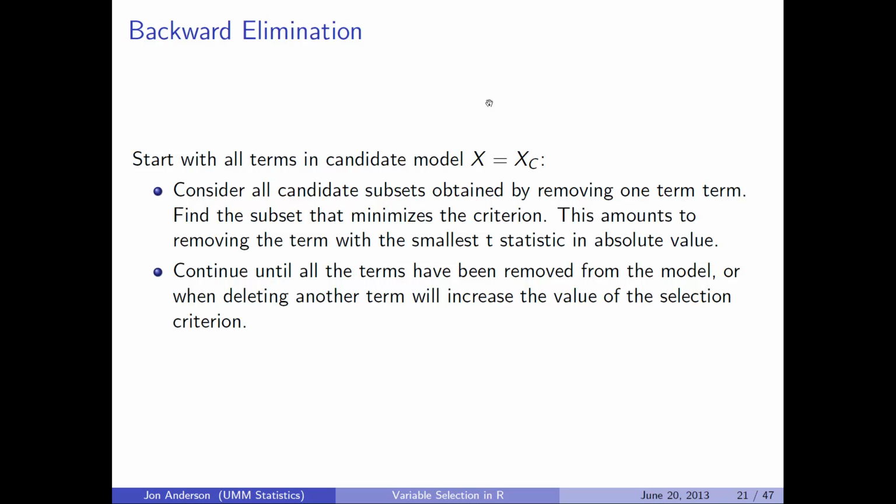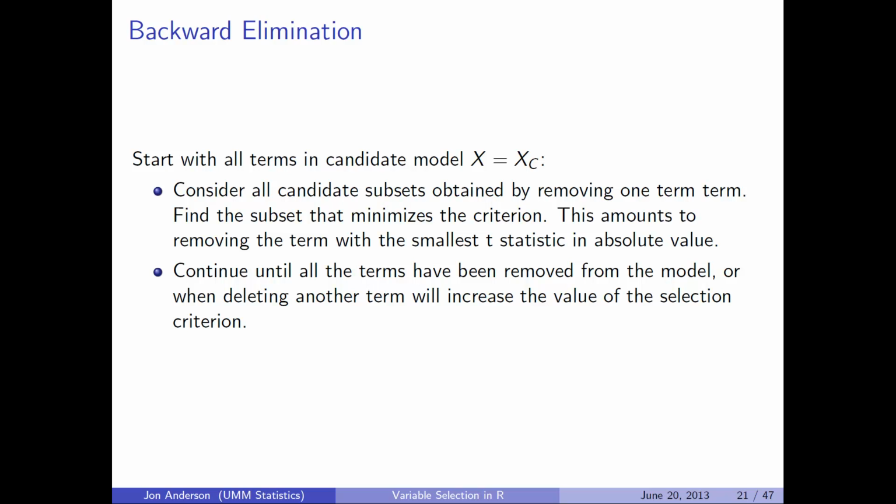Another option is called backward elimination. And in this case, we start with everything in the model. Our candidate set is the entire predictor set. So this means we're going to start with every predictor we have, active and inactive predictors, and let's consider getting rid of one predictor at a time.